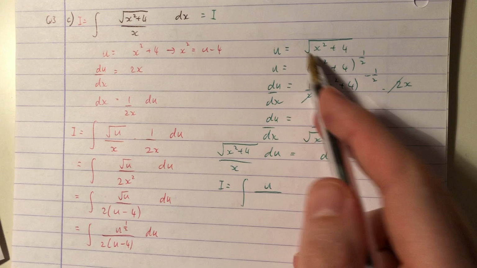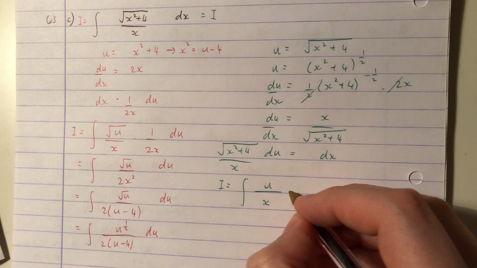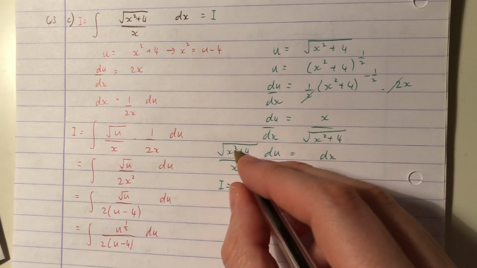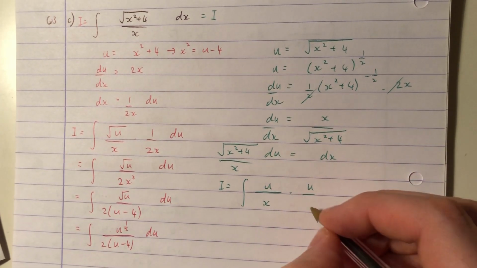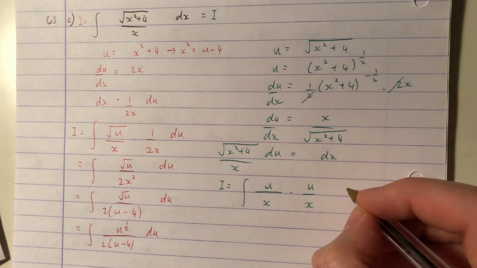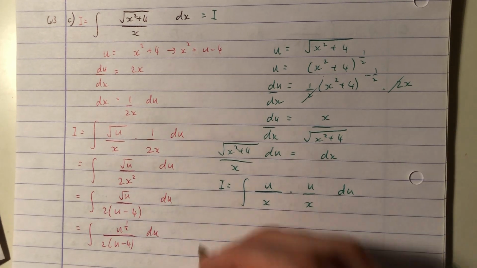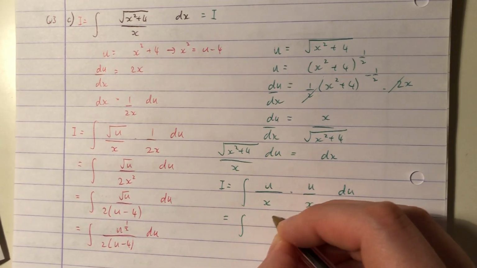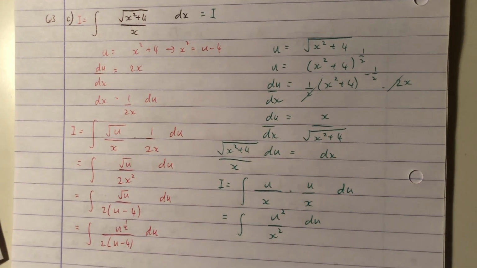Again, it's not easy to make x the subject, so I'm going to leave it in there, x, times this, which is root x squared plus 4, which is u again, u over x, du, which would be the same as integrating u squared over x squared du.